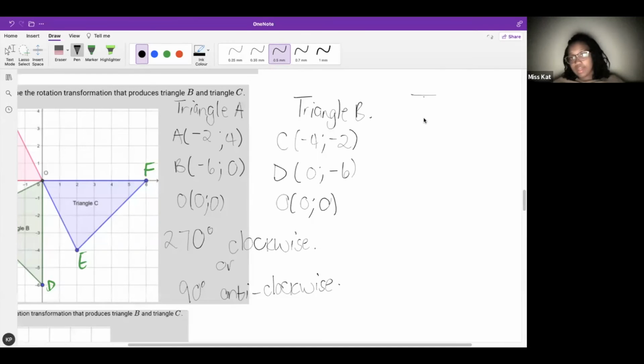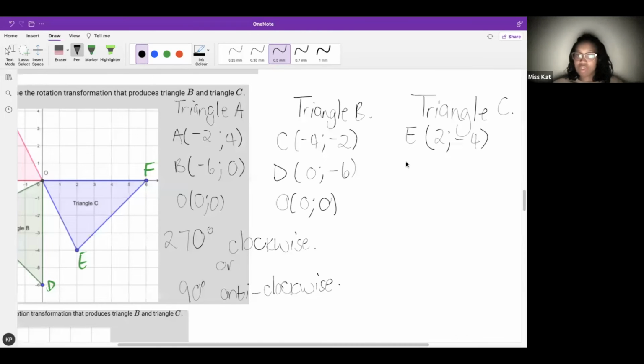Okay, let's do it. Triangle C. First we need our points. What's the coordinate for E? It's 2 and -4.